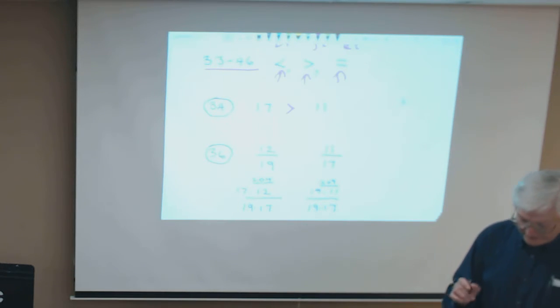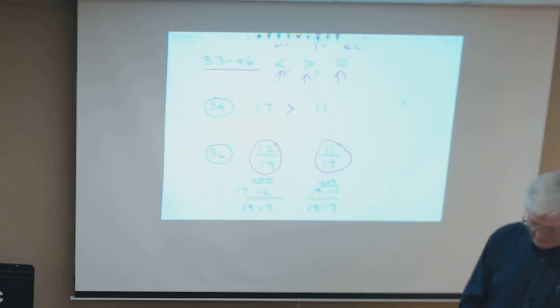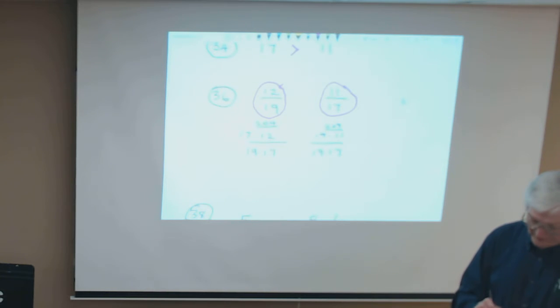So number 36 says 12 over 19 and 11 over 17. Well, my common denominator would be 19 times 17. So I have to take 17 times 12 times 17 times 17.